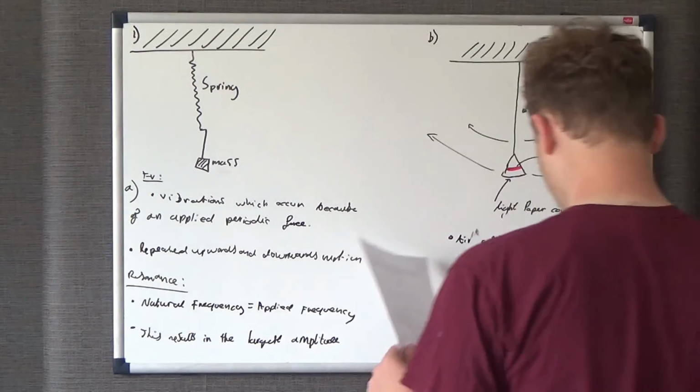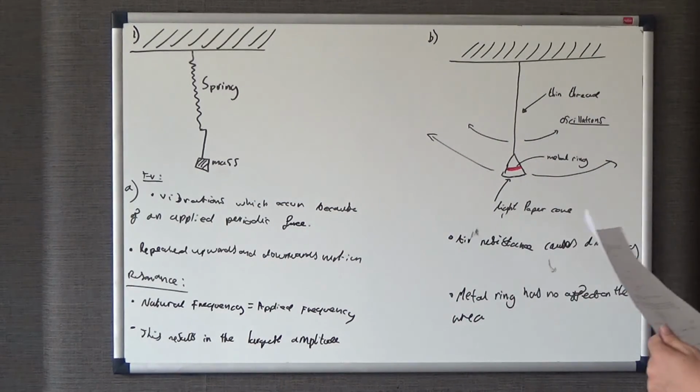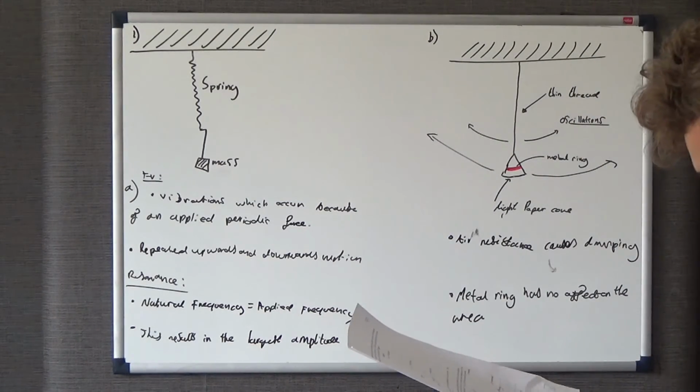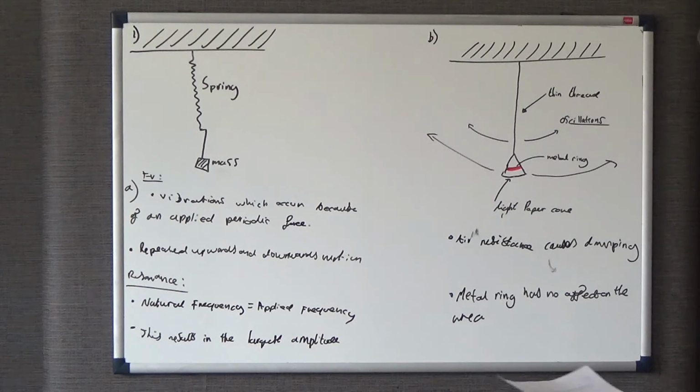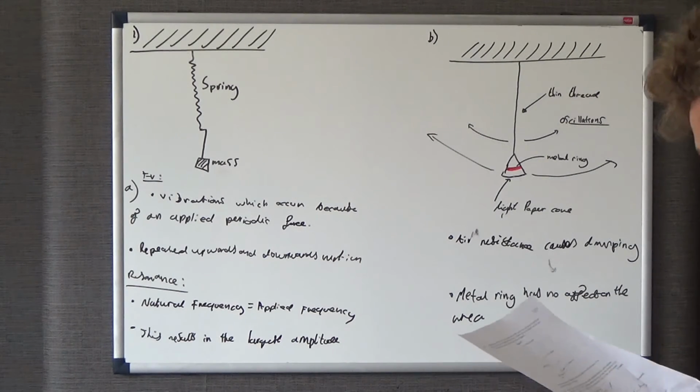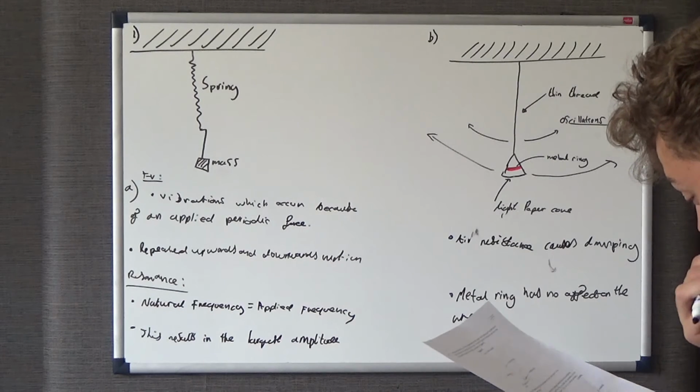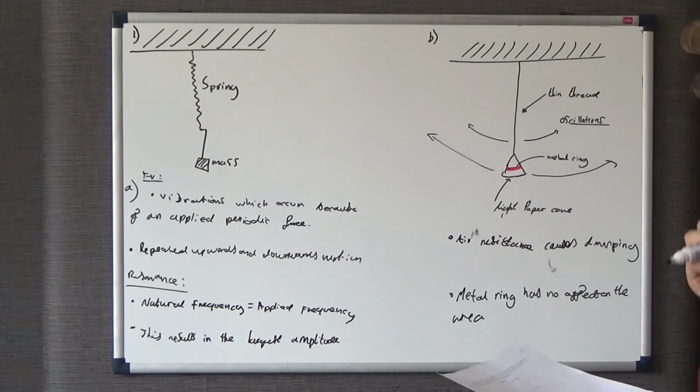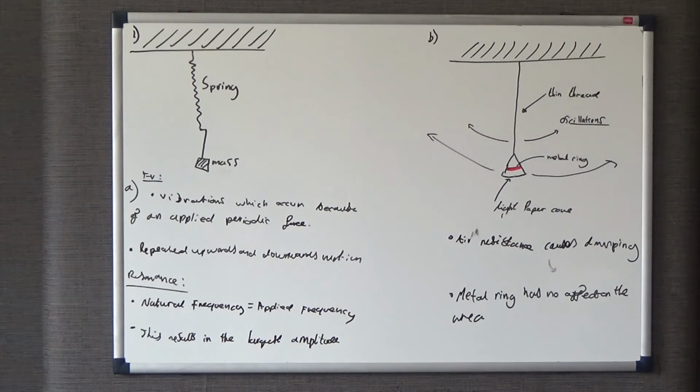And you also need to state that the smaller portion of energy is removed on each cycle, hence more heavily damped when there is no metal ring attached.